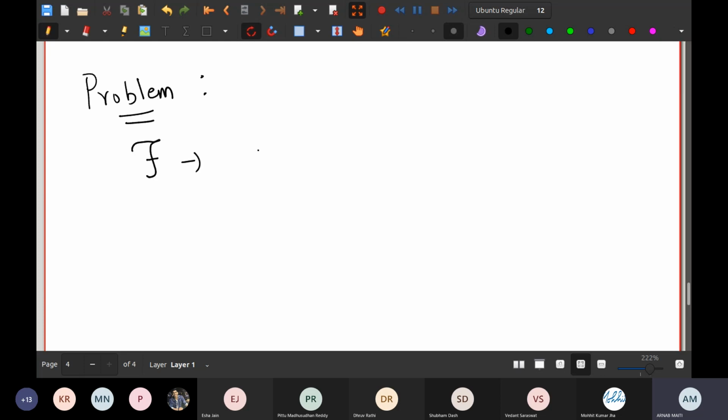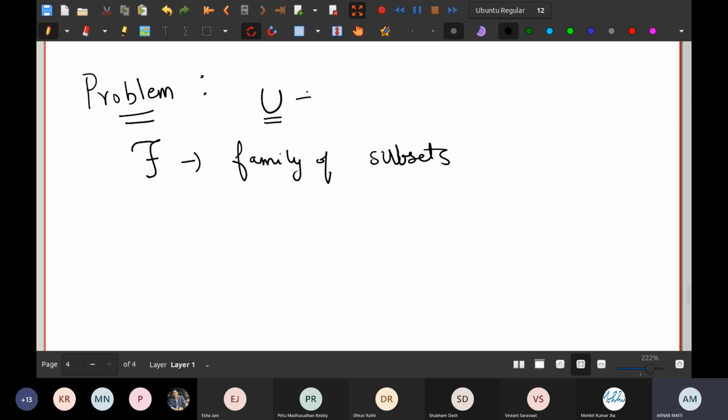So let F be the family of subsets. Okay. So before that I must tell my universe. So you have a universe. So universe, you can say, is some collection of some elements. In our case, you can consider it to be a finite collection of numbers.